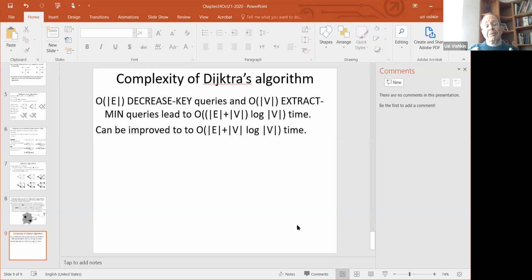Whenever we pick a vertex, the first thing that we do is relax all its outgoing edges. To the extent that we find that we can decrease the d of a vertex, we go back to this data structure and do a decrease key query.